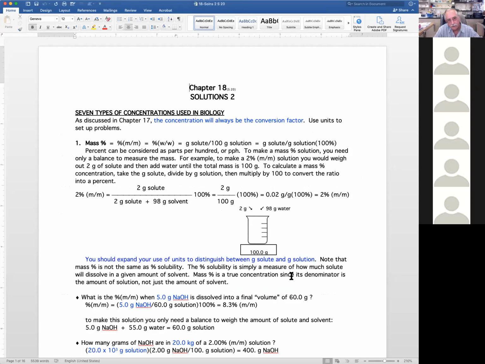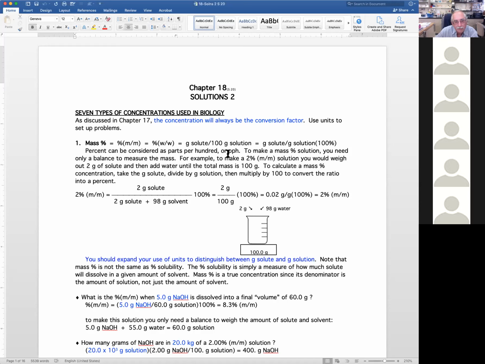So in biology, we really use about 77 types of concentrations. So moles per liter is one of them. But here's some other ones. The mass percent, the percent mass per mass, or the percent weight per weight, is really the grams of solute dissolved in 100 grams of the solution.